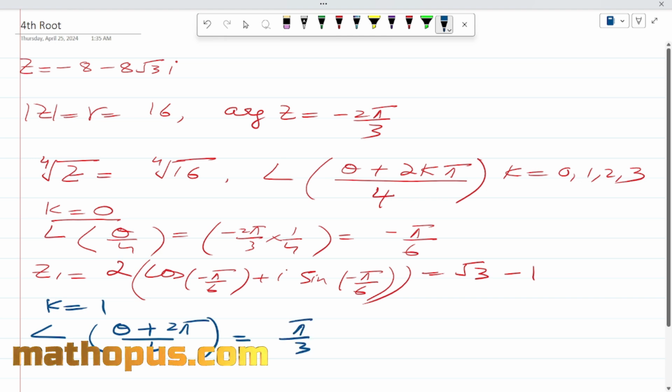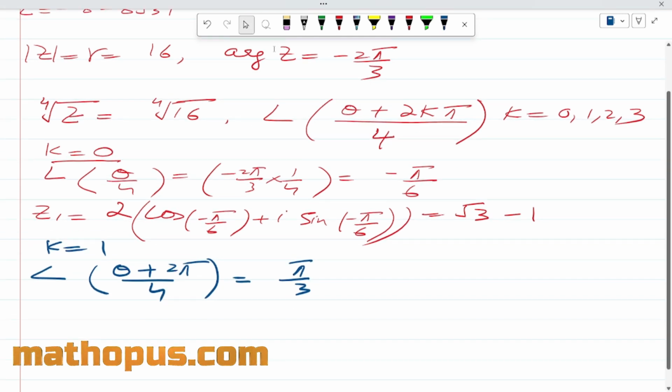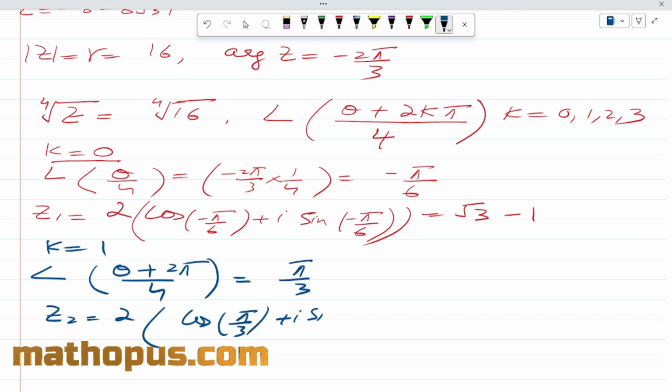So it means now the second fourth root would be 2 cos of pi over 3 plus iota sine pi over 3. This is in polar form, and we can find the corresponding value in Cartesian form just using the calculator.